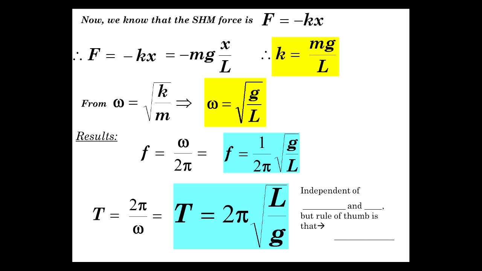Don't even ask me what the period is in an exact expression. I will say, go research it and come back and report on it. How's that? So in this expression, it's independent of mass and theta. Notice mass isn't in there, angle isn't in there. But the rule of thumb, as I've said in the past, is that if the angle is less than 15 degrees or so, then we can assume that this is sufficiently true to call it equals.